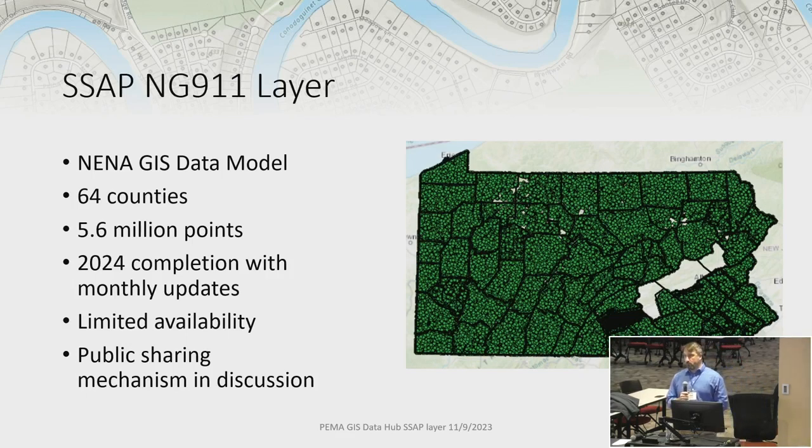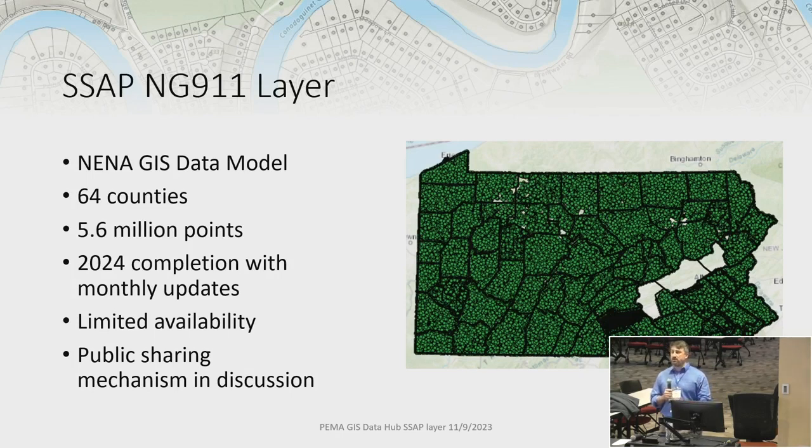We're shooting for 2024 to have this data set complete. Every 2 weeks or a month, we're updating. That's the update schedule for the counties to submit the data into the Data Hub for aggregation and quality control.